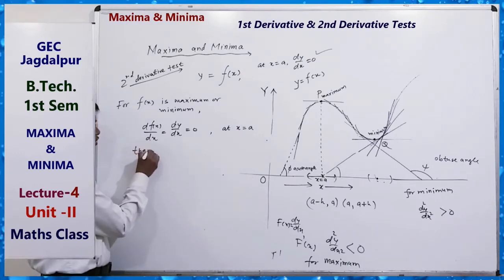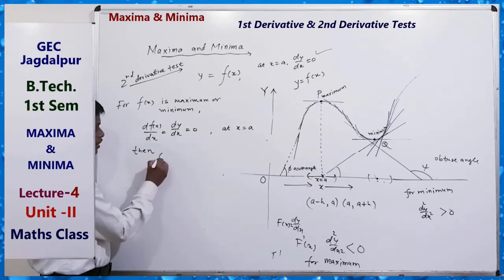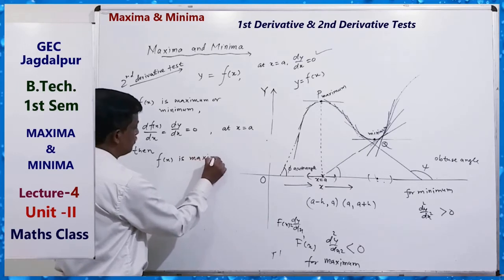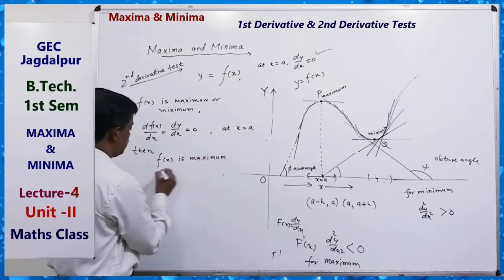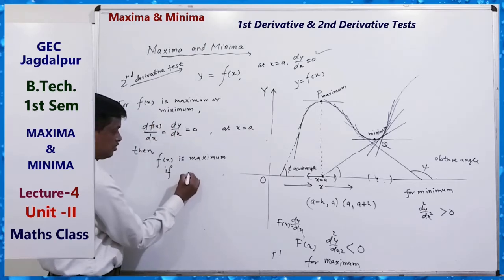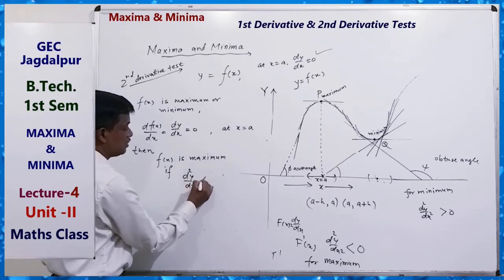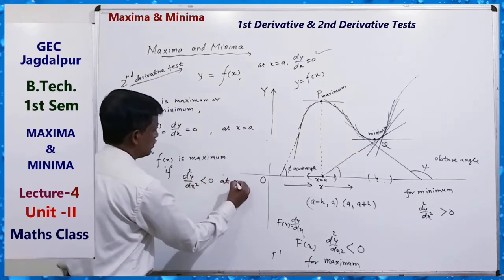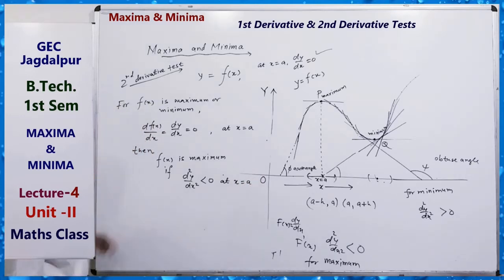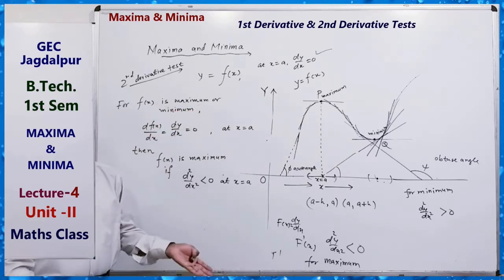Then f(x) is maximum if its derivative again, d2y by dx square, is less than 0 at x equals a. Then f(x) is maximum.